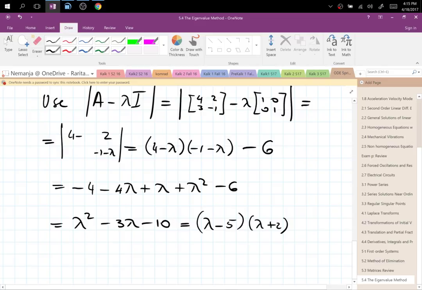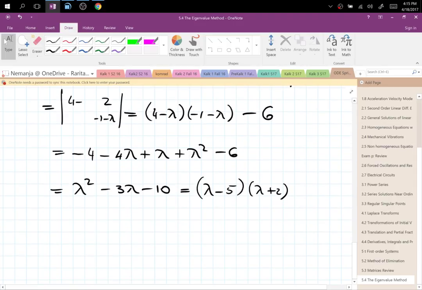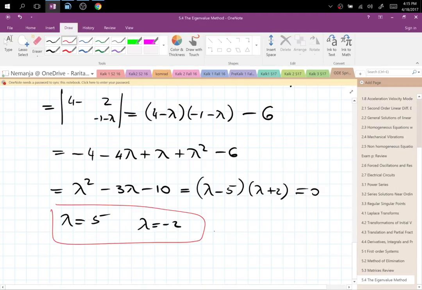Yeah, that's good. Equals 0, from where I get lambda is equal to 5 and lambda is equal to negative 2. These are your eigenvalues.